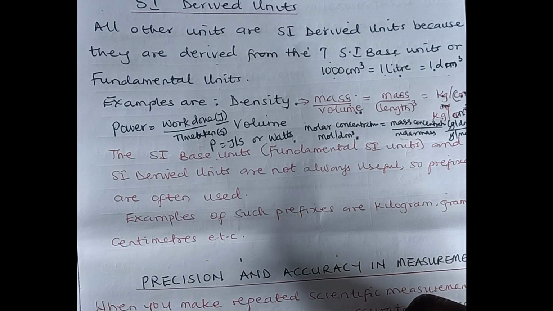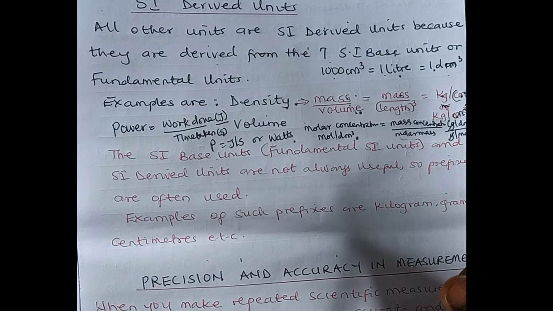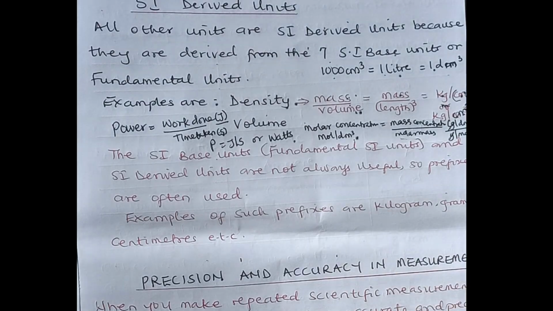Now you carried out another experiment, and you got 24.90. Another one was repeated, you got 24.80. It is clearly shown in these readings that though 25.00 is the accurate value or accepted value of the quantity, to be precise, you need to repeat your titrations.